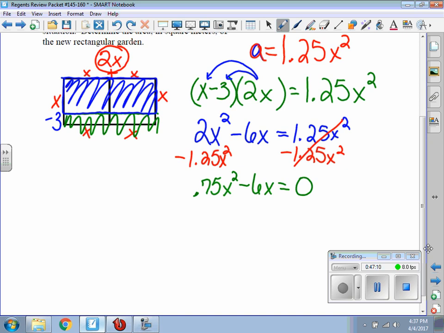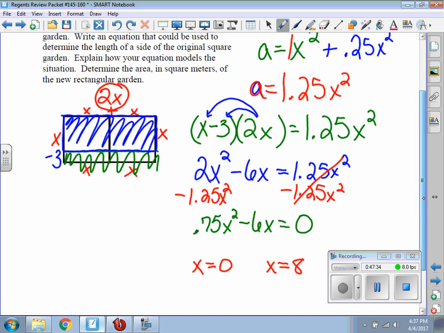Did it say I had to do this algebraically? No, it didn't. So you can go to your calculator, graph it, and get these two answers. My zeros are that x equals 0 and x equals 8. Okay, context of the problem.